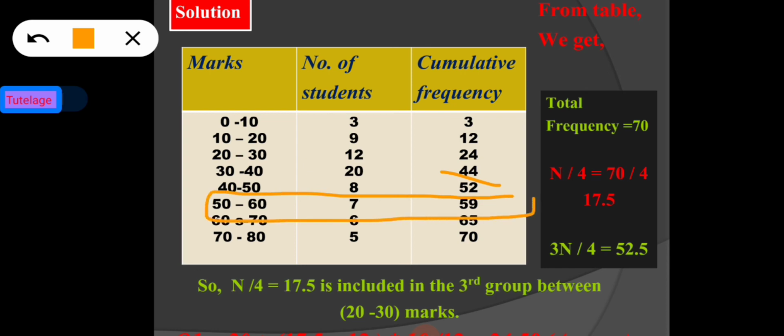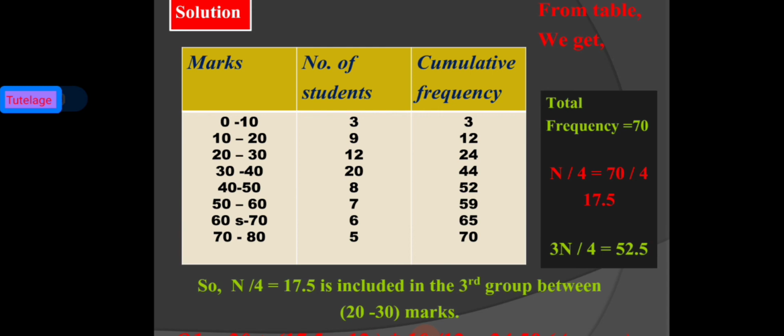Clear? So what is the value of L3, which is equal to 50? 3n by 4 is equal to 52.5. Frequency is 7, and the cumulative frequency is equal to 52.